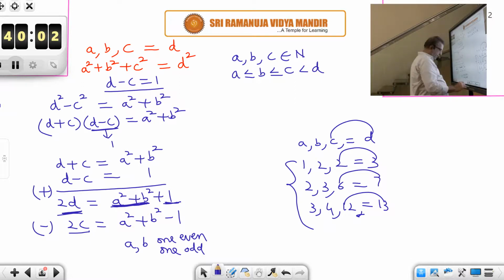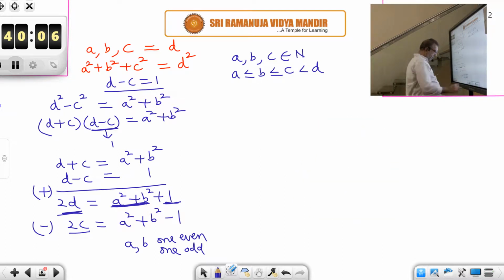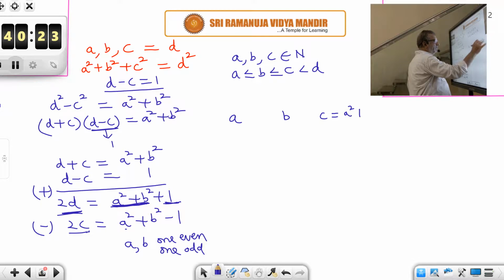So let us put a table now. So a, b, c. 2c is a square plus b square minus 1, so c is (a square plus b square minus 1) by 2.